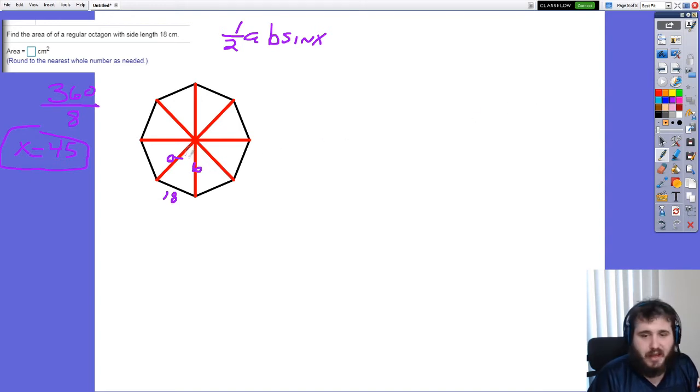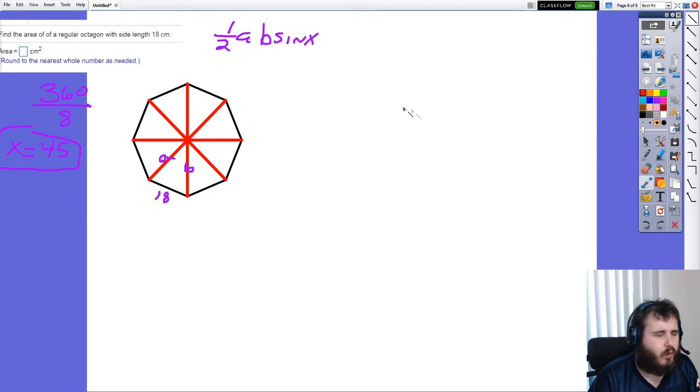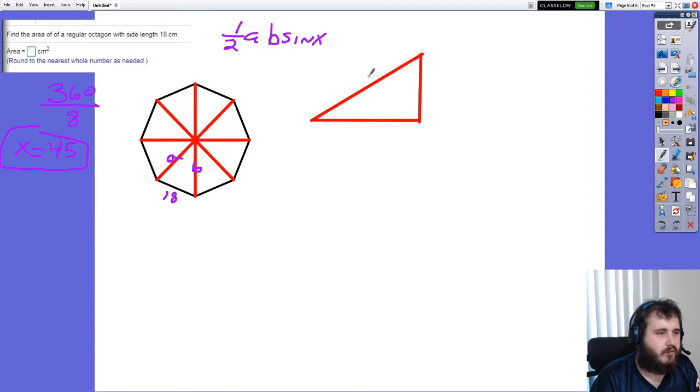Since this middle little angle is 45, we're going to take that triangle, cut it in half, and make a right triangle, just like I showed you in the video from earlier. We can use this right triangle to figure out the radius. So this is our radius. This is A, that's what we're trying to find. Here's our 90-degree angle.